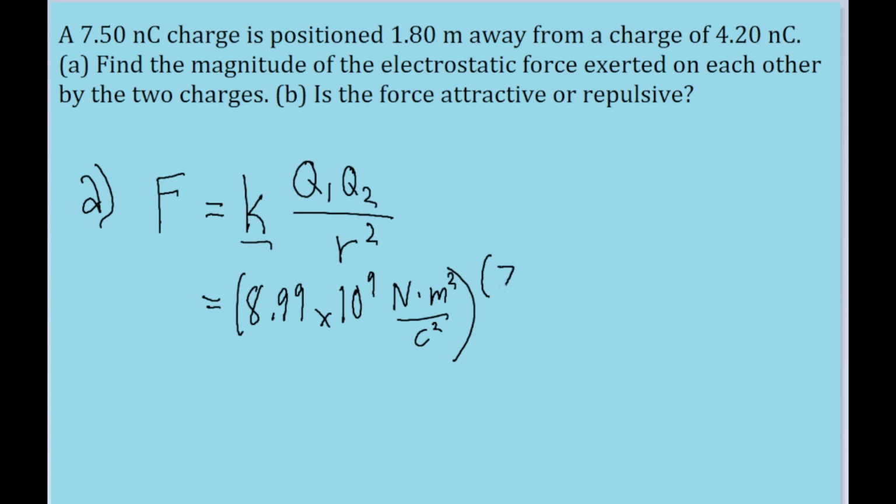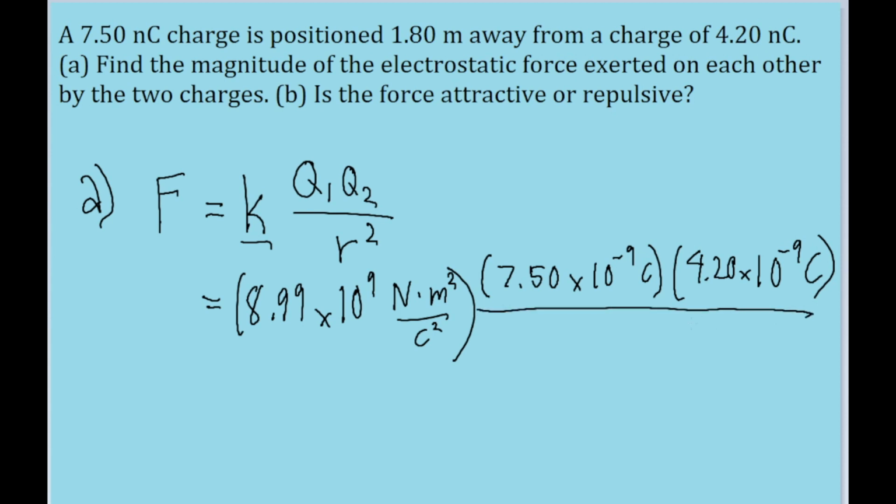One of them has 7.5 nanocoulombs, so that's 7.5 times 10 to the power of negative 9 coulombs, times 4.2 nanocoulombs, so we also multiply this by 10 to the power of negative 9 coulombs, and then we divide this by the square of r, where r is the distance between them.